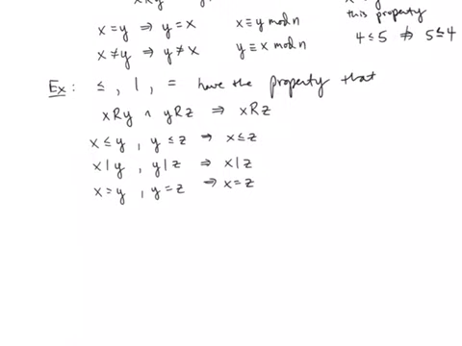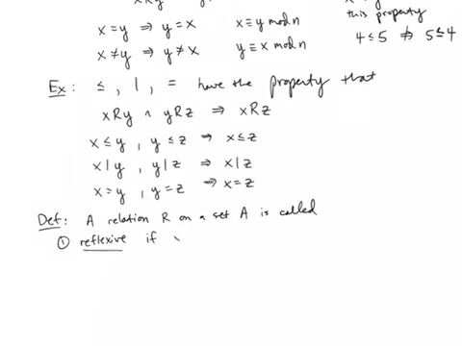Okay. So here's the definition. A relation R on a set A is called, one, reflexive if X is related to X for all X in A. Okay, so you think about reflection in the mirror.